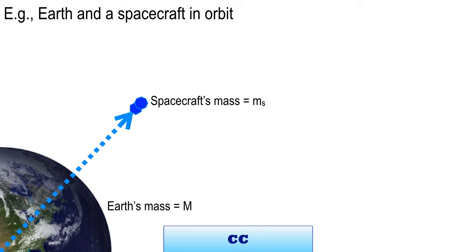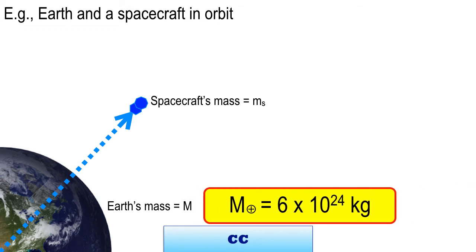And here's the distance, or the position arrow, in blue. And we're going to say, all right, Earth's got a mass. We'll give that a symbol, capital M. And the spacecraft is going to have a mass. We'll give that lowercase m with a subscript s for spacecraft. And if you want to know the actual tonnage of the Earth, it's 6 times 10 to the 24 kilograms.